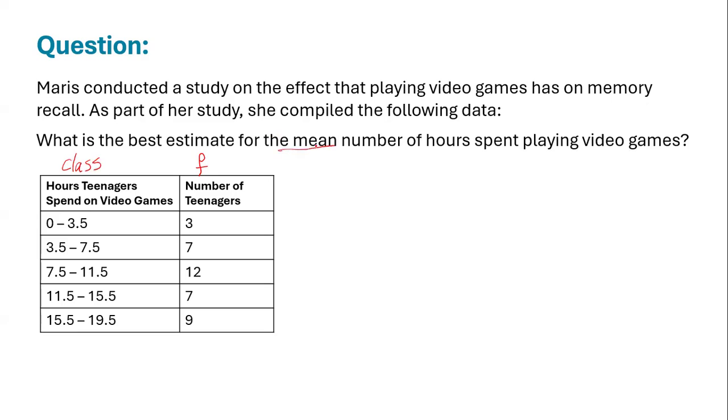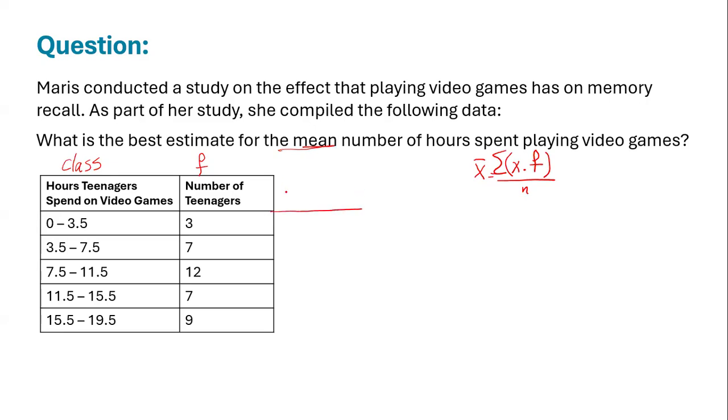And if you want to find the mean, you need to multiply each data by the frequency first, and then add them together, right? Okay, I have classes, but I only need one data from each class to multiply by the frequency.